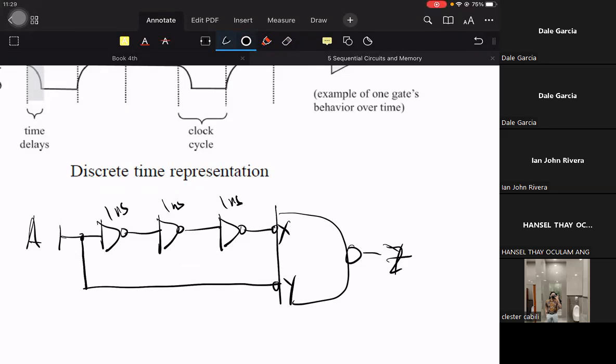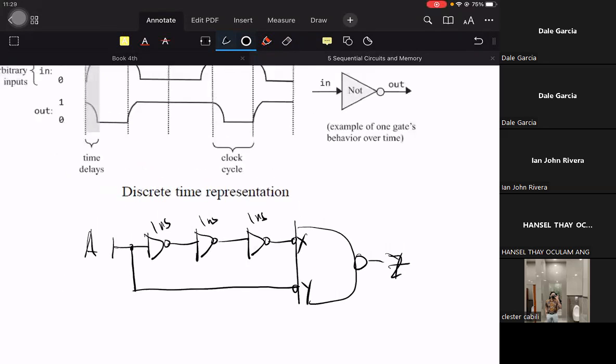Then X is slower by 3 nanoseconds compared to Y, or Y comes first by 3 nanoseconds. Even this very simple circuit, just three NOT gates in series, introduces delay.